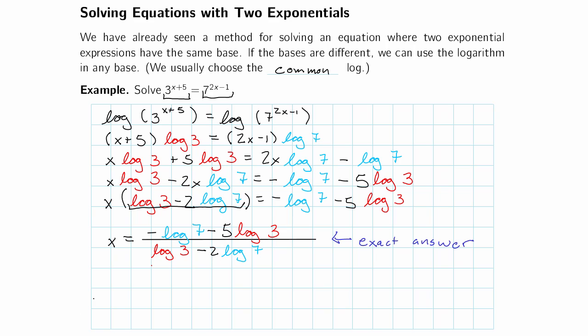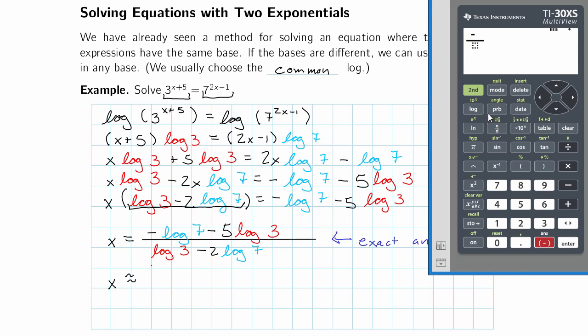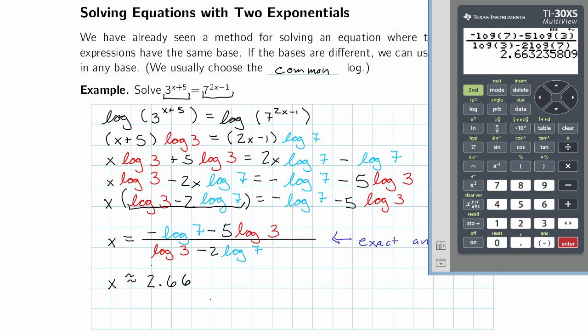Or if we want to give a decimal approximation, we get that x is about negative log 7 minus 5 log 3 over log 3 minus 2 log 7, about 2.66. And we can check that.